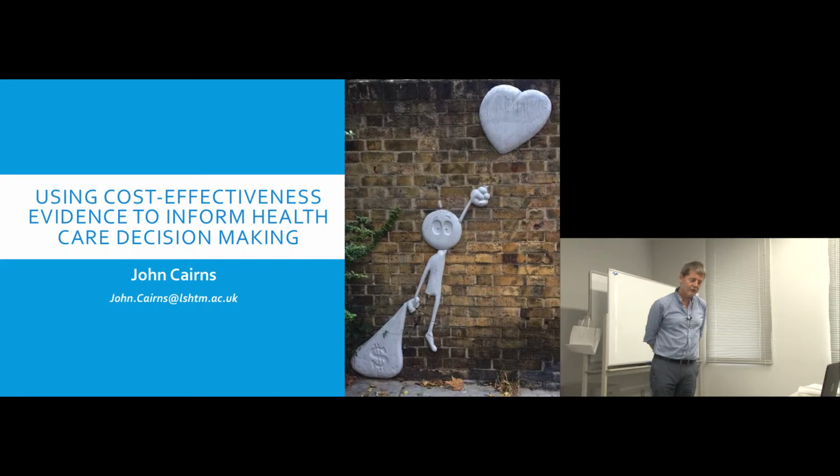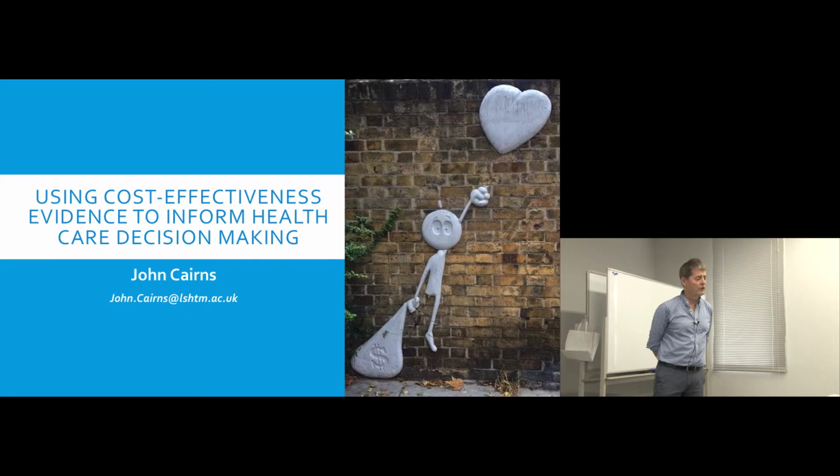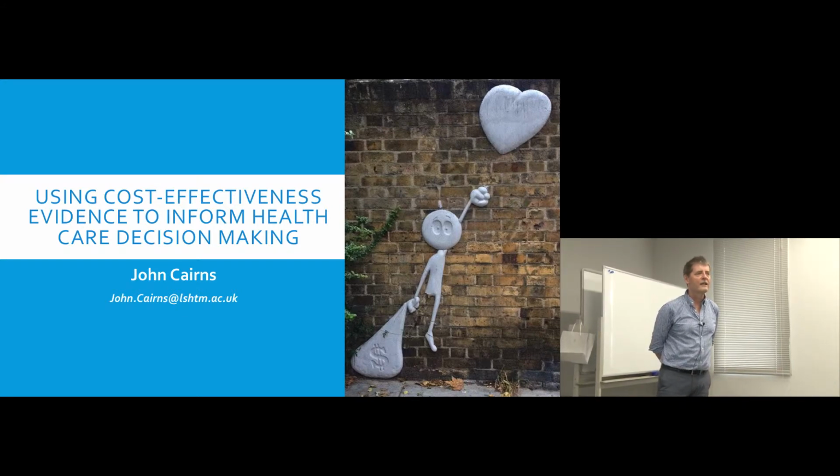And I've also been involved in other organisations. Another one I'll be talking a little bit about later this week is the Joint Committee on Vaccination and Immunisation, or JCVI. Again, they utilise health economic information to try and assist them in taking decisions regarding which programmes of immunisation to introduce or which not to introduce.